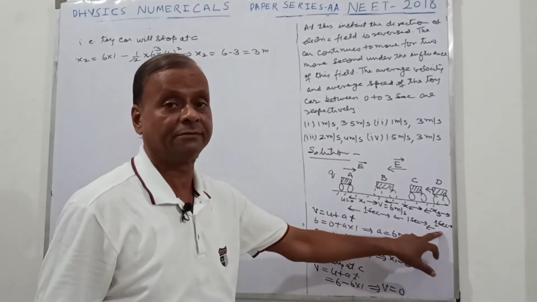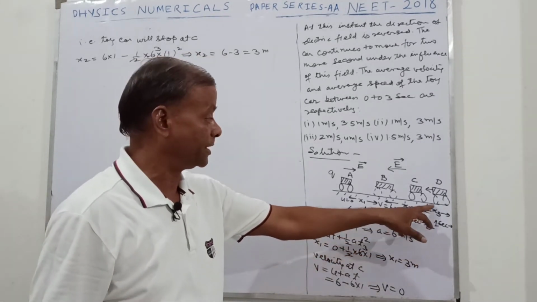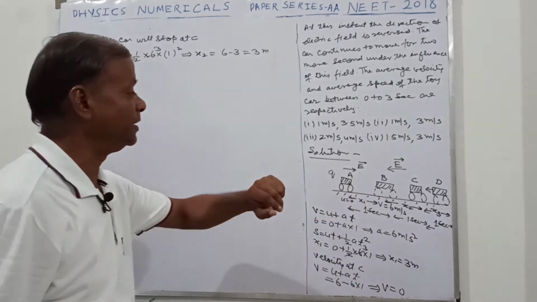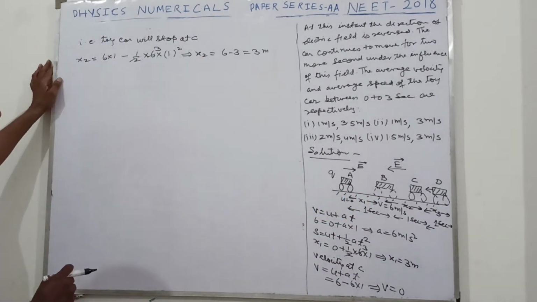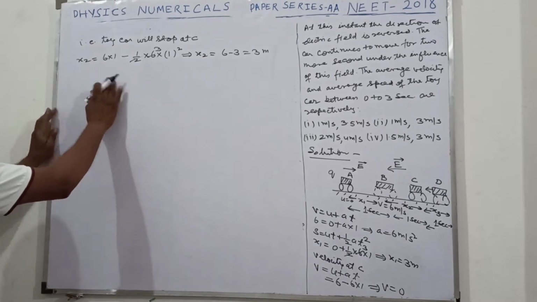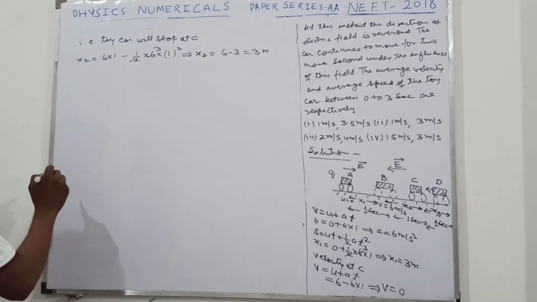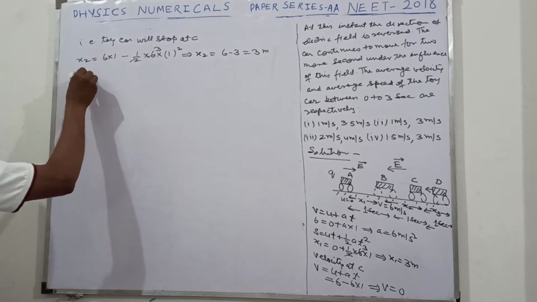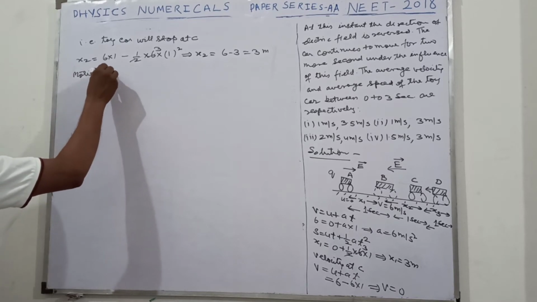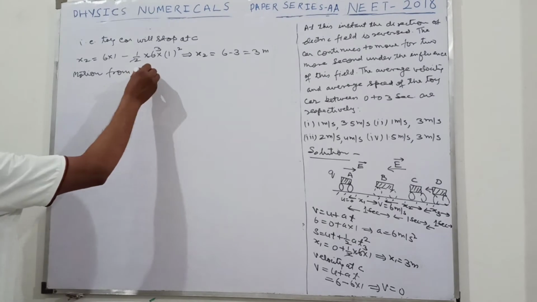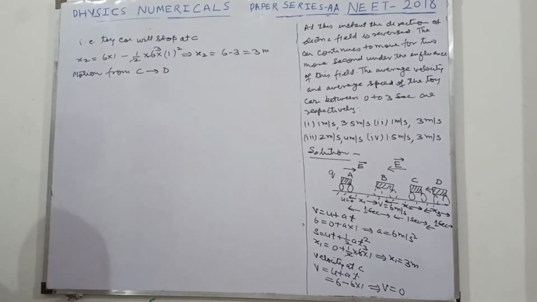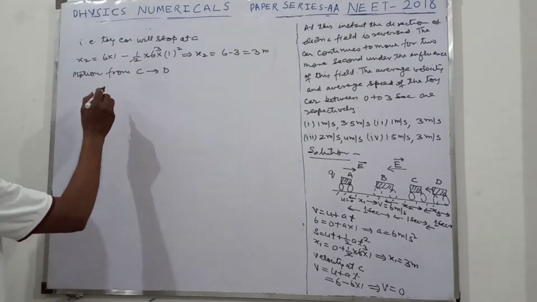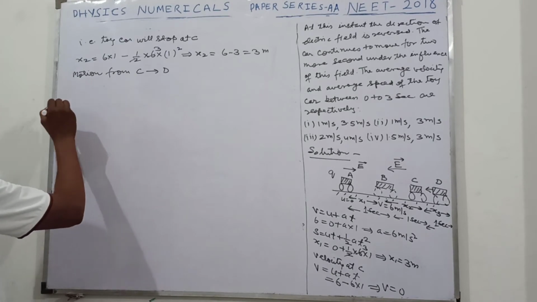Again, we have to find the distance for this one. Motion from C to D. Now u is equal to 0.